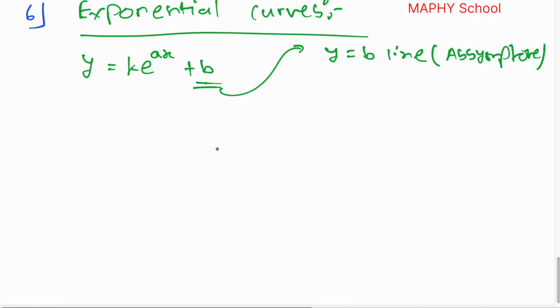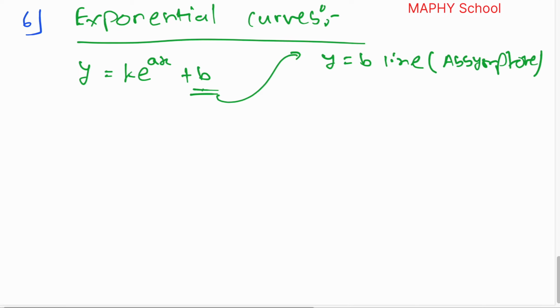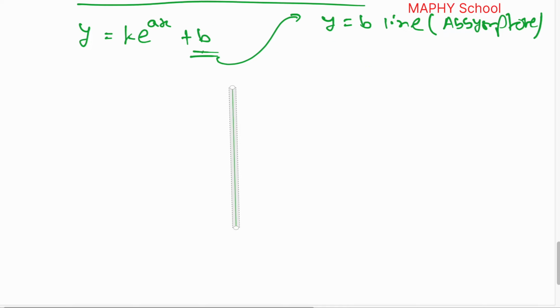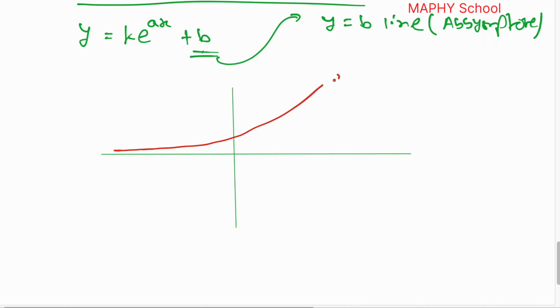So there are also 4 types of exponential curve basically. So let's draw the y-axis, then the x-axis. Now we can draw that this is y equals e to the power x.